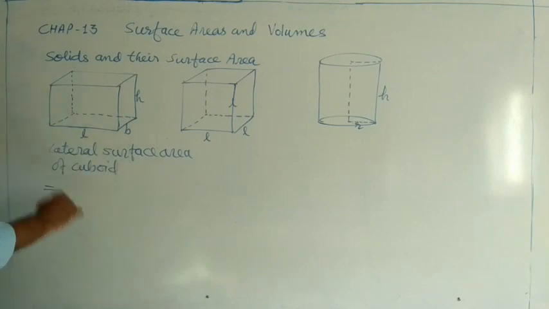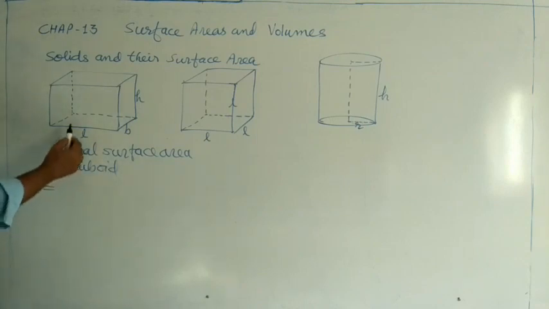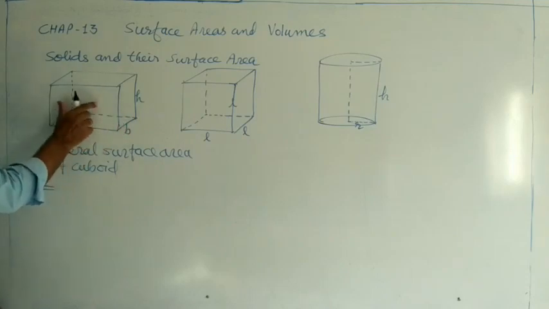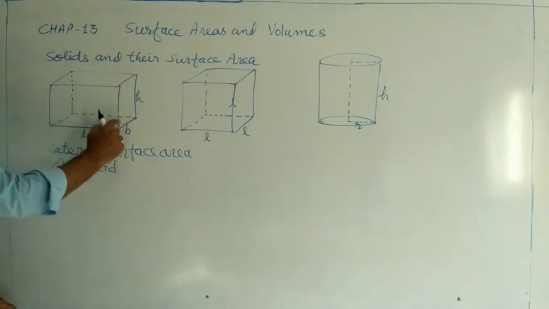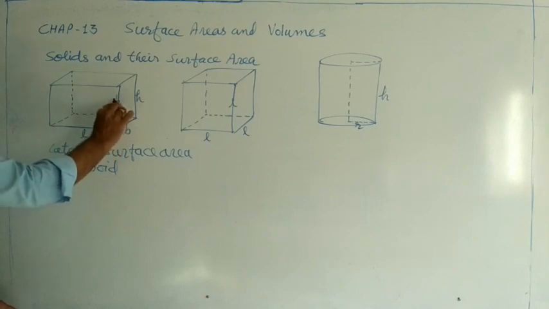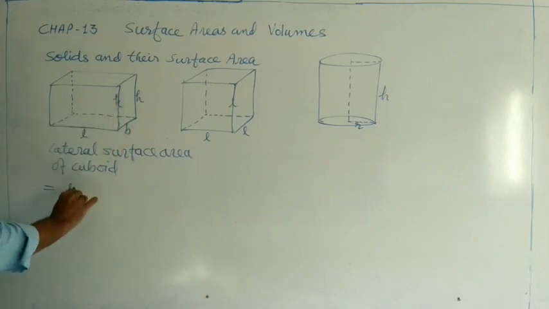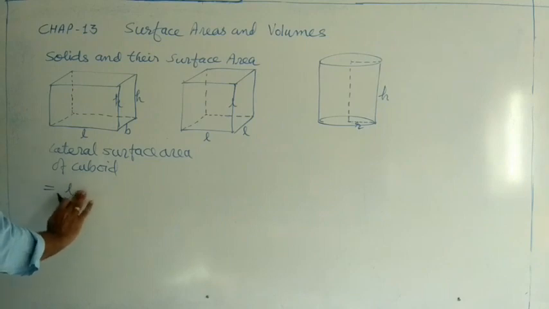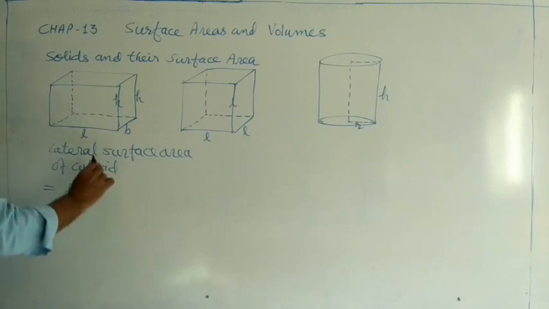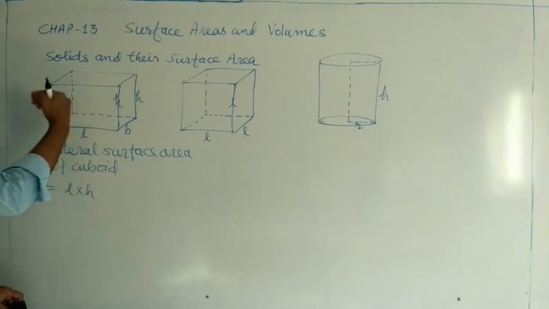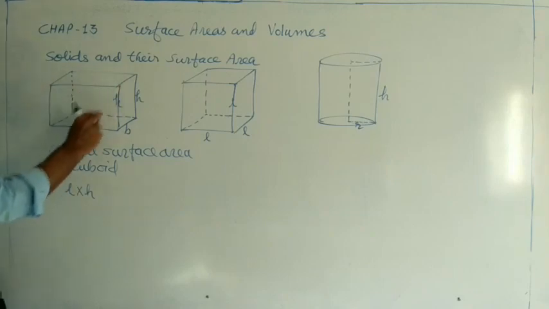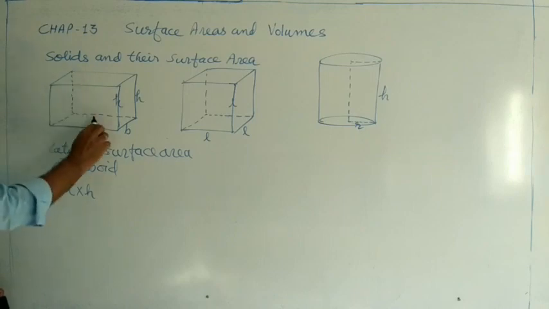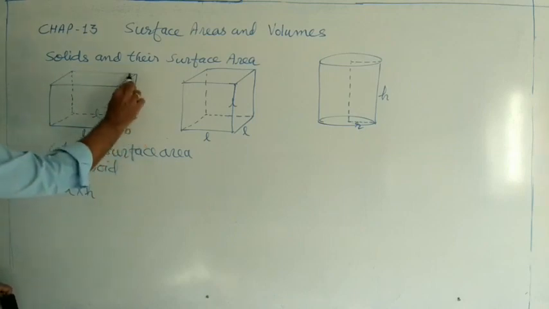So what is the lateral surface area of cuboid here? Here the area of one surface, say this front side, is length into height. Now you can see the front surface and back surface are both the same. So the area of this front surface is length into height, and the back side also is length into height.